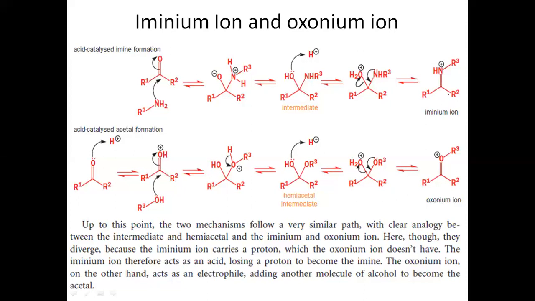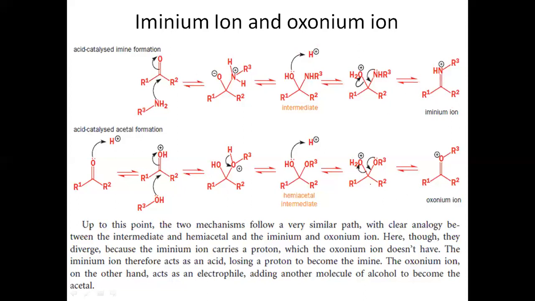As we have already done, the next step from iminium ion to imine is the loss of this H plus so that I get my imine as the product. So in acid catalyzed imine formation, this is my intermediate hemiaminal. Here onwards, H plus comes into the picture and I get iminium ion formation.